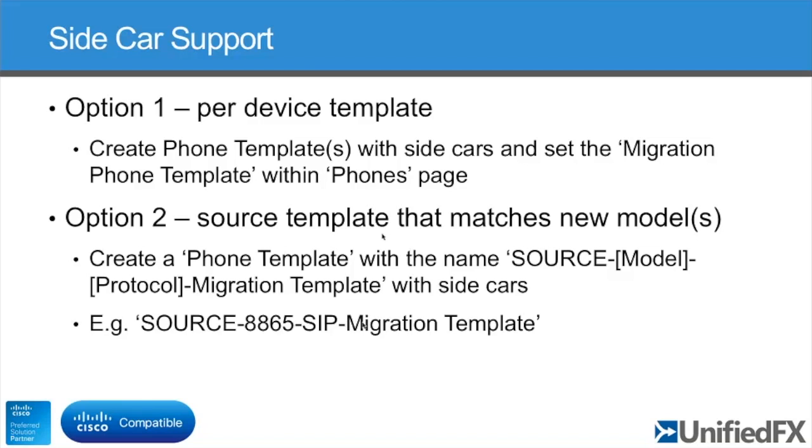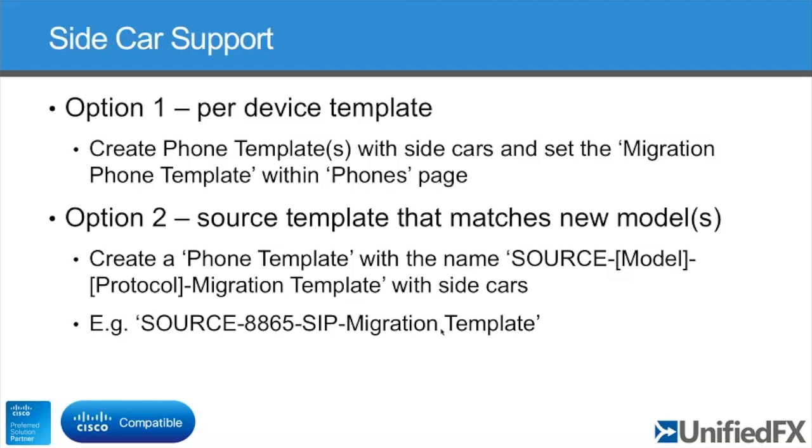If you have a template that starts with the word SOURCE in capitals, dash, and then the model, dash, and then protocol, dash, and then the words migration template with a space. So if that particular named phone template exists and we spot that, then we will use that template to migrate. So if there's any sidecar configurations on that, they get copied over and used from there.